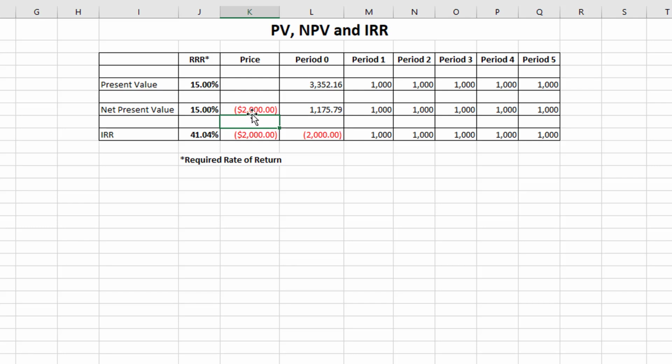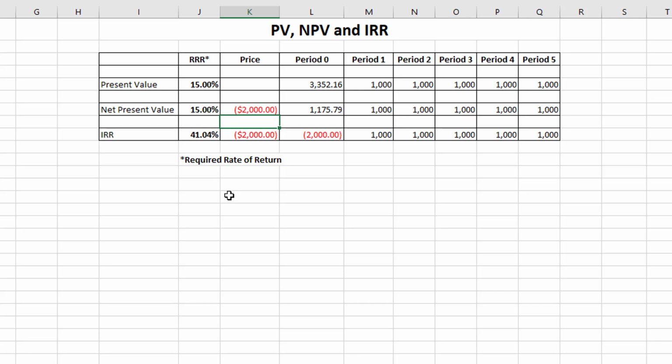I paid only $2,000 for it, but it is worth more than that if my required rate of return is 15%. It's worth $1,175 more than what I paid for it. And then when I look at the internal rate of return, if I only paid $2,000 for it and I received the same income stream, the return that I will make is 41%.